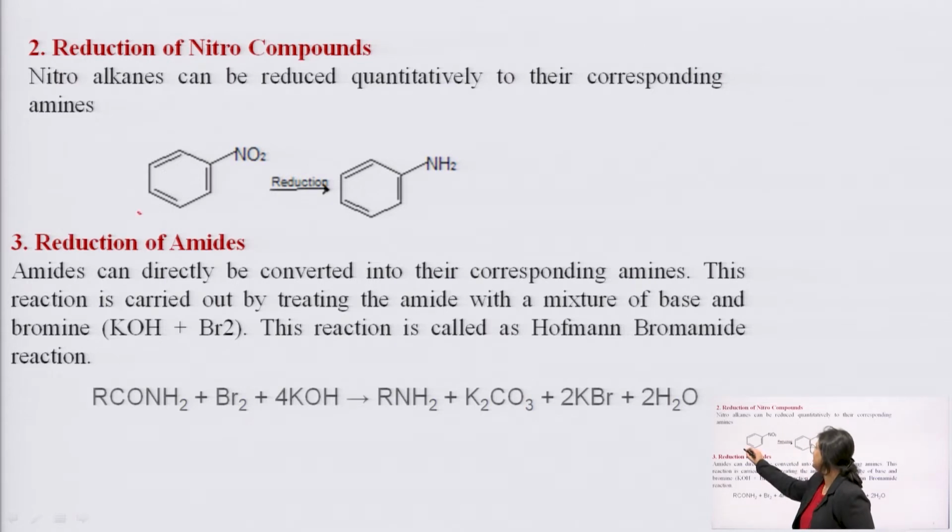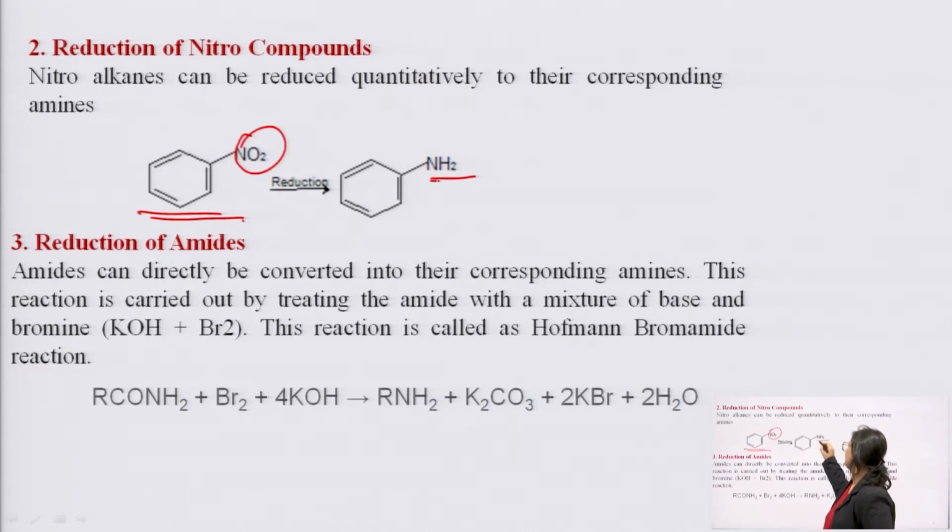Here you can see nitroalkanes, or nitrobenzene in this case, can be reduced. The nitro group can be reduced to the corresponding amine by reduction reaction. For example, nitrobenzene can undergo reduction reaction to give the corresponding amine.